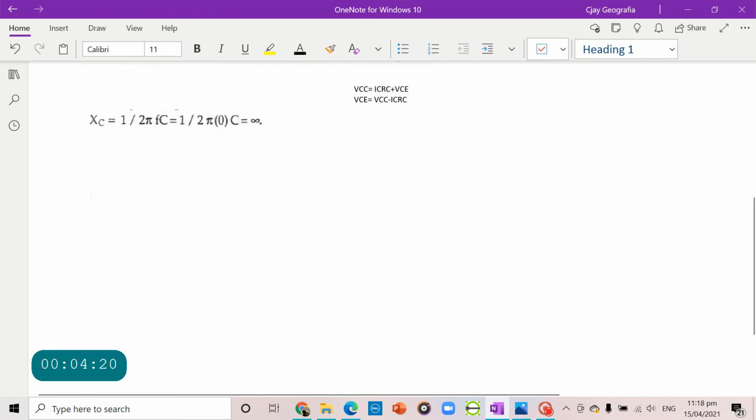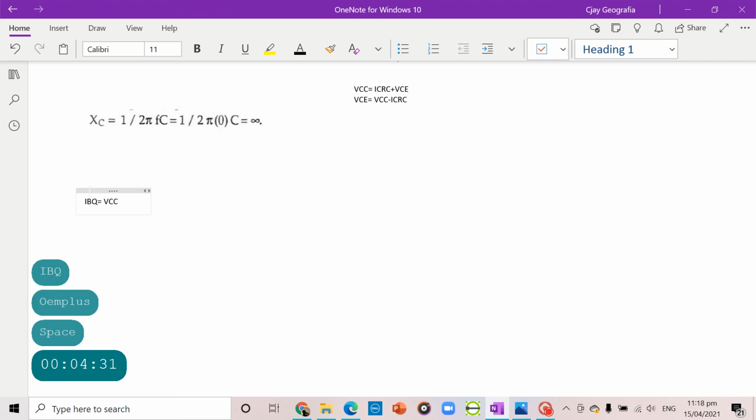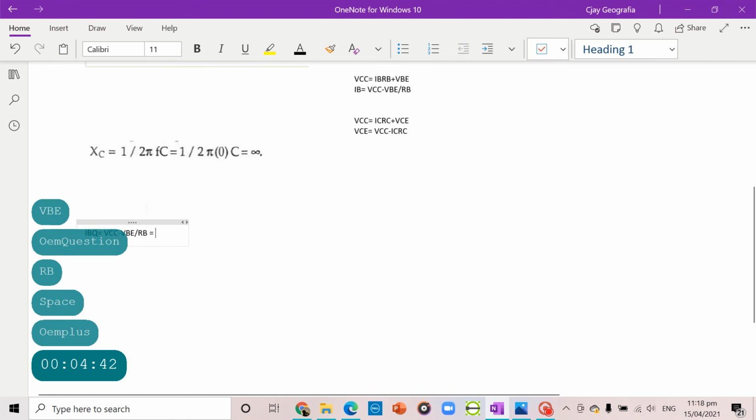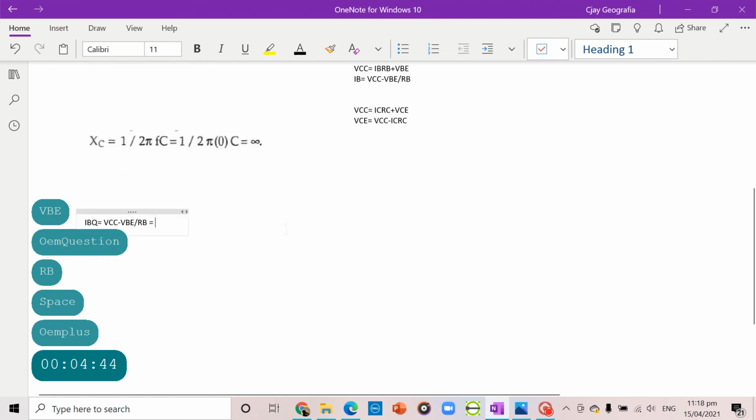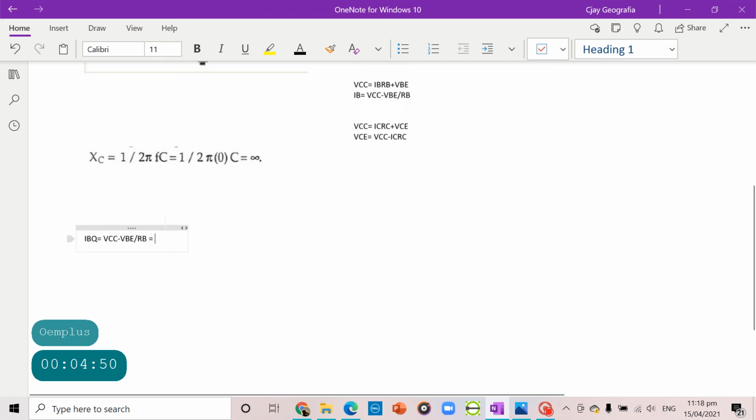So first let us solve for the IBQ. IBQ is equal to VCC minus VBE over RB. This is the equation we have gathered with the standard formula. So what is our VCC?